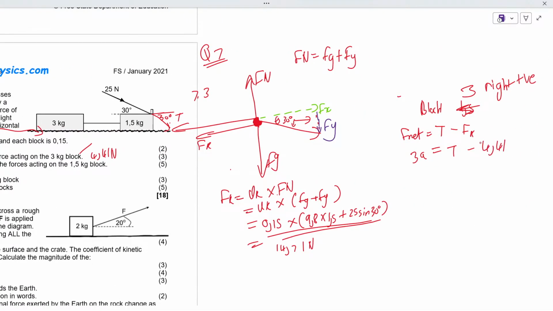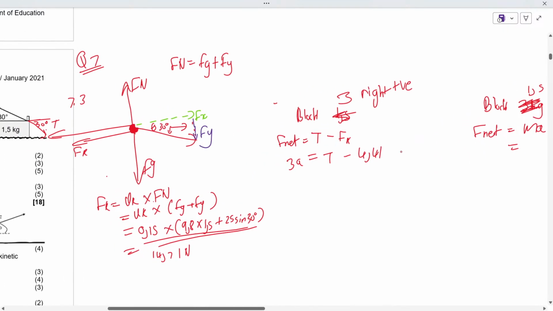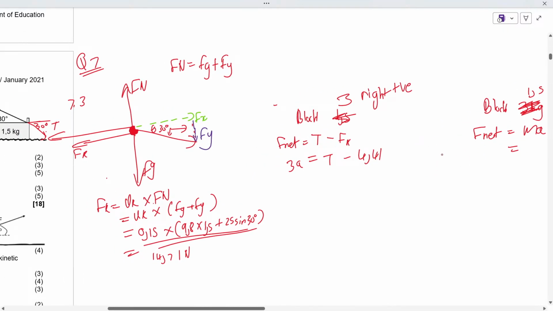You understood that side? Yes, I did. So we substitute here: to the right is Fx, minus Fk, minus tension equals Ma.